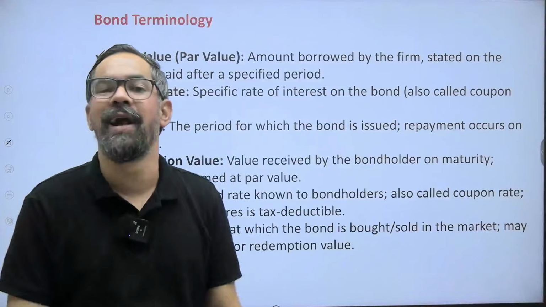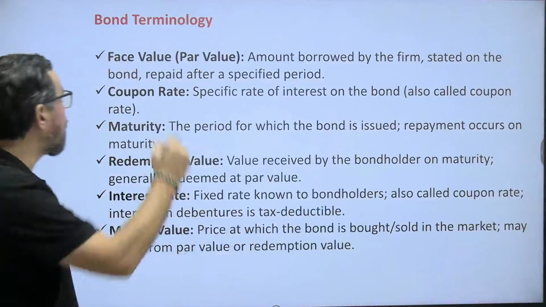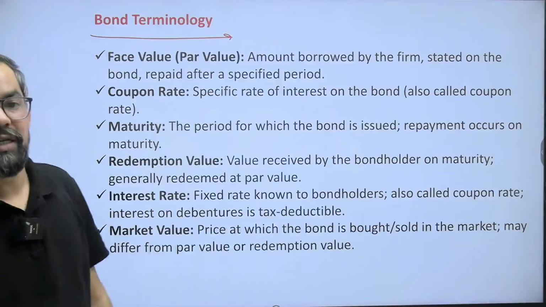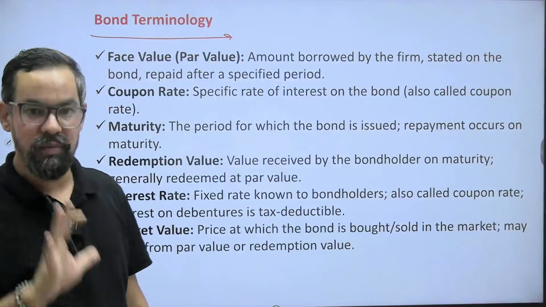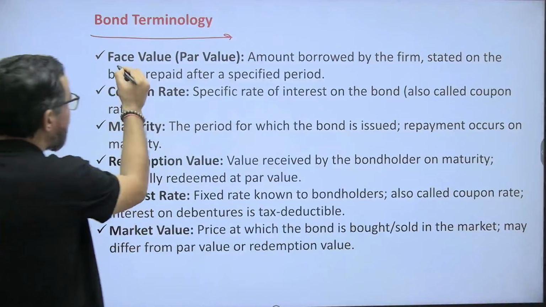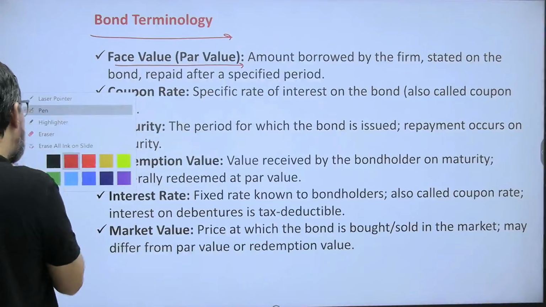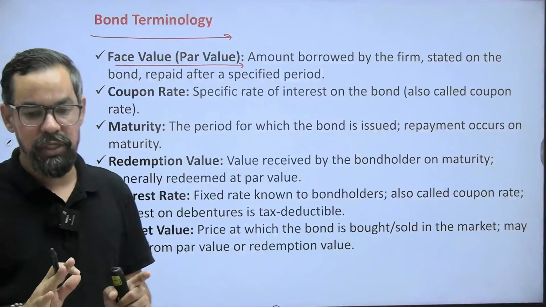So let's start the session with the very basic things, which is bond terminology. There are so many terms generally associated with bonds, so let's decode all these terms first. The first one is face value, which is also known as par value. Face value is the value stated on the face of the bond.